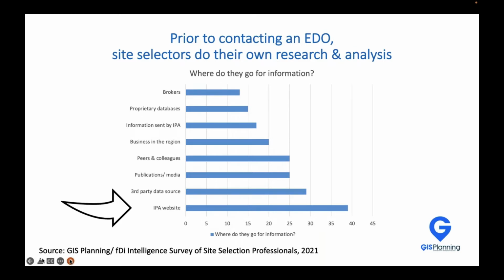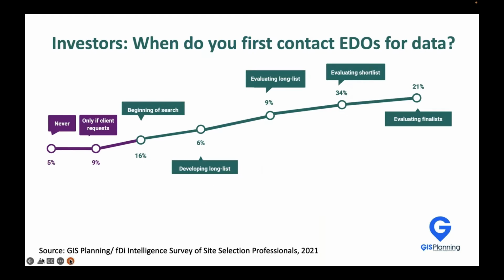Another question that we asked them is, when do you first make contact with economic development organizations? This is really fascinating if you look at the numbers, because it quickly becomes clear that they are doing this research before you actually know that you're being considered.